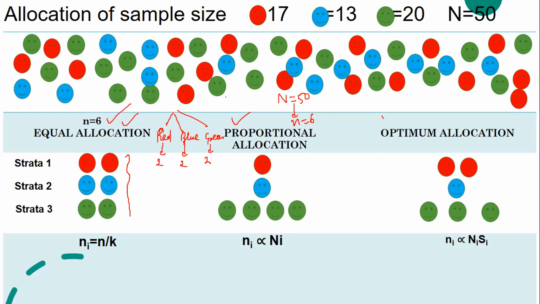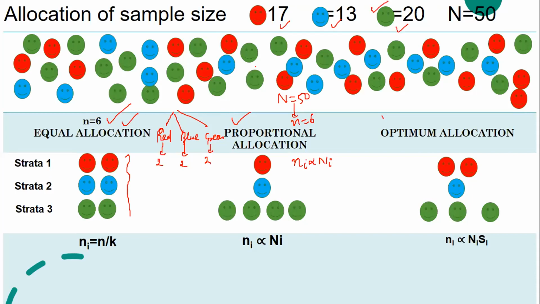The second one is proportional allocation. Proportional means our sample size will be proportional to the size of the strata. The size of strata is green 20, blue 13, and red 17. So the maximum is green, 20.